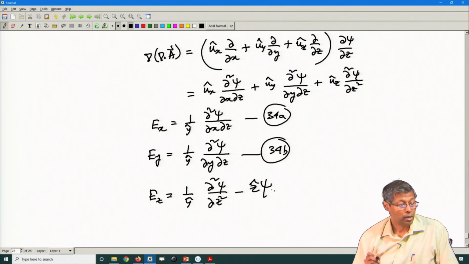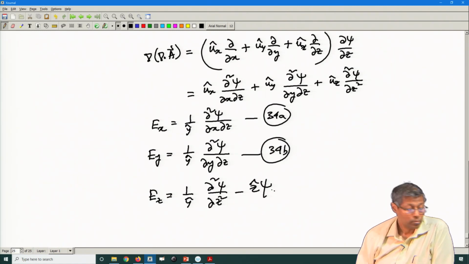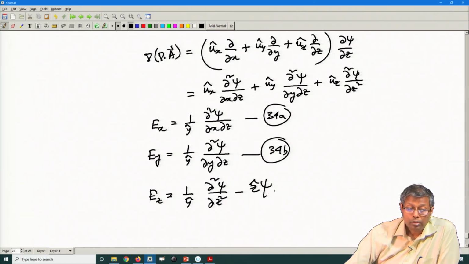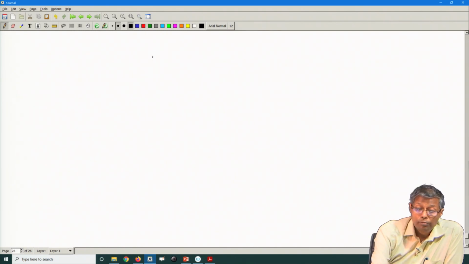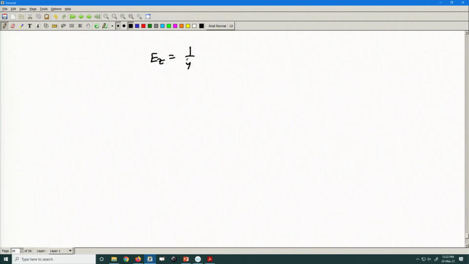Because it is z cap A and A has only a z component, E z can be further simplified as 1 by y cap, del square psi del z square plus k square psi by y cap.